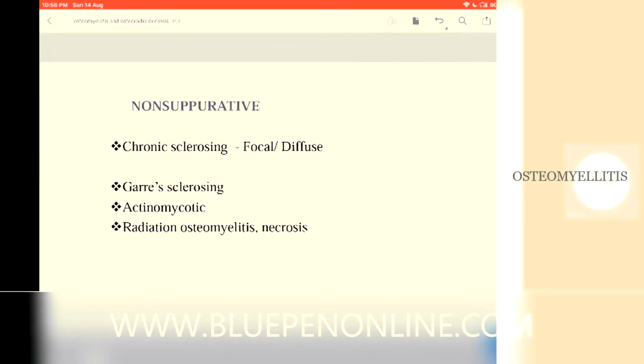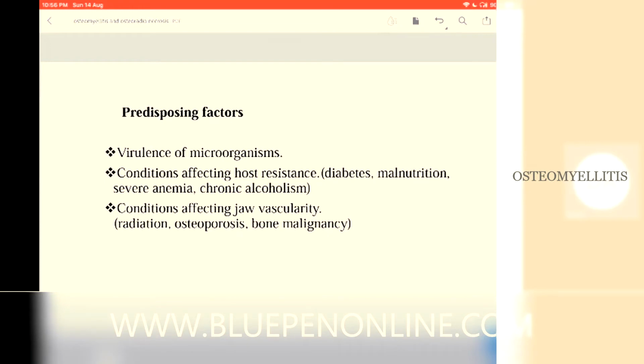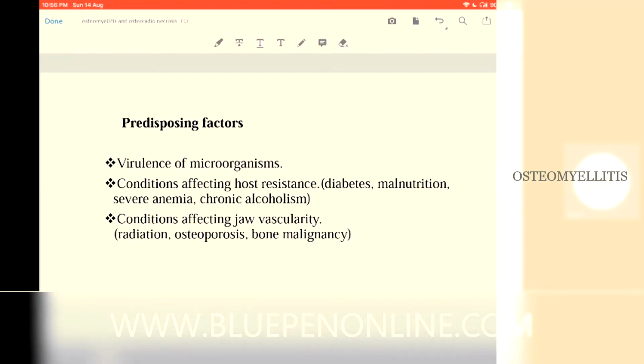Now, what are the predisposing factors for osteomyelitis? One thing is the virulence of microorganisms for sure. Let us see which organisms are involved in it. Then the conditions affecting host resistance, like diabetes, malnutrition, severe anemia, chronic alcoholism.